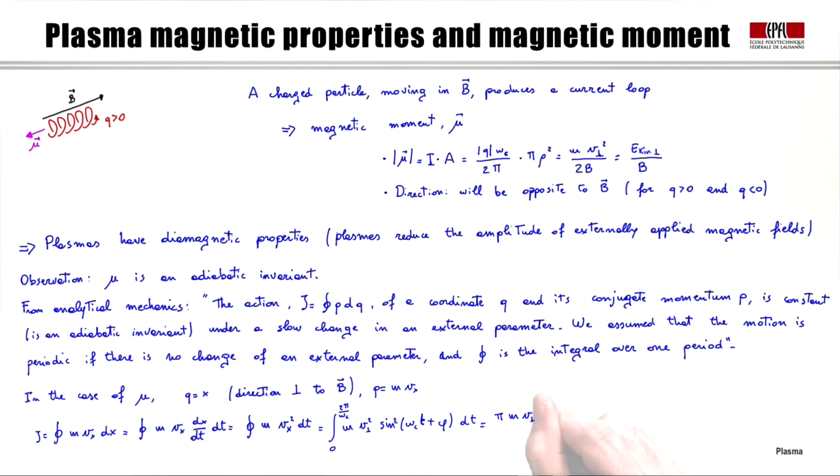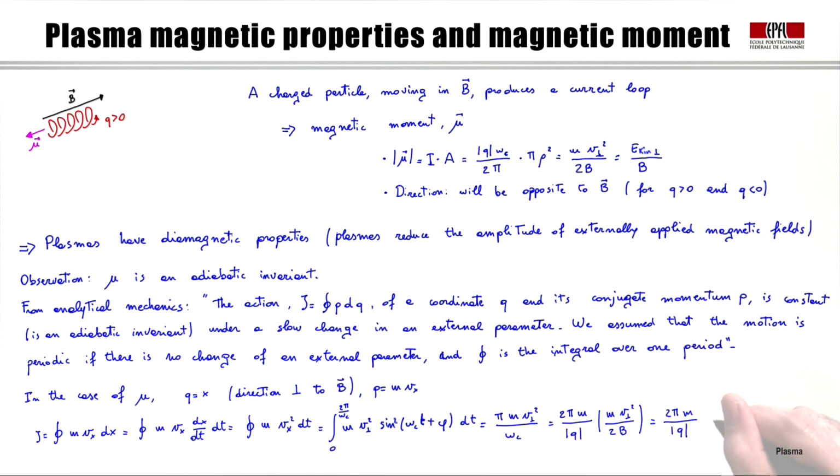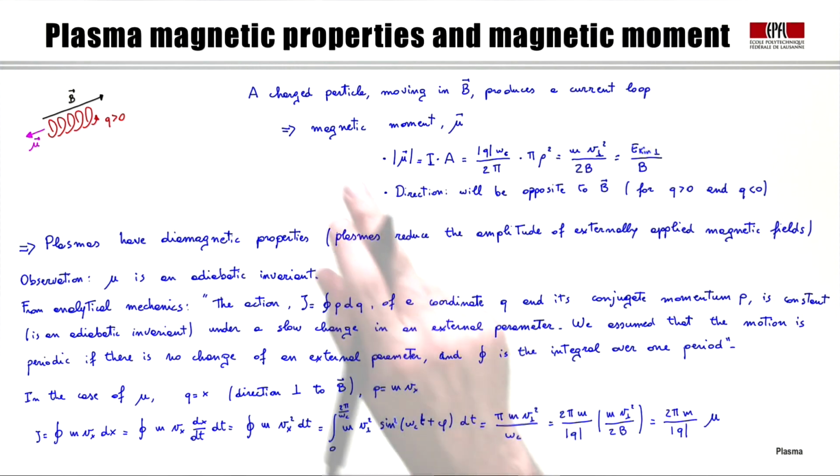By doing this integral, what we obtain is pi m v perp squared divided by omega c, which is 2 pi m divided by the absolute value of the charge, times mu, which is exactly the magnetic moment, besides a constant factor.